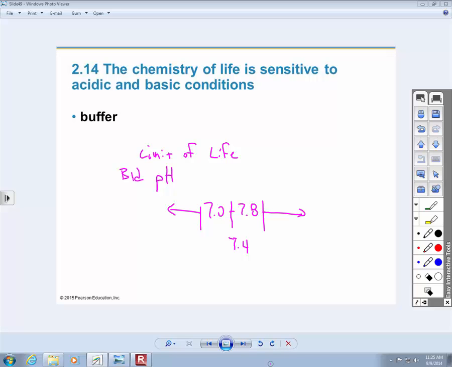Well, what if you eat basic compounds? For example, what if you chew some Tums for acid indigestion, or Maalox, or all kinds of things you can get. Those are base compounds. Then that's going to absorb across into the blood.